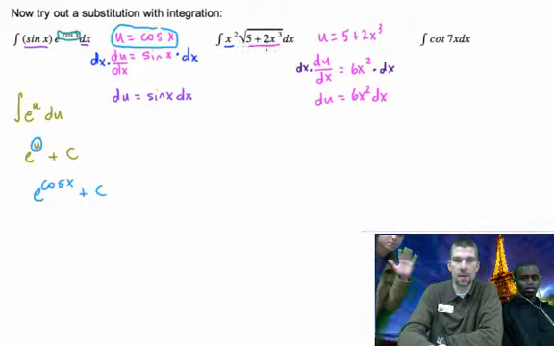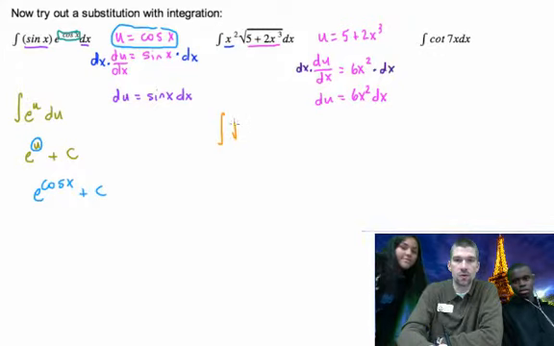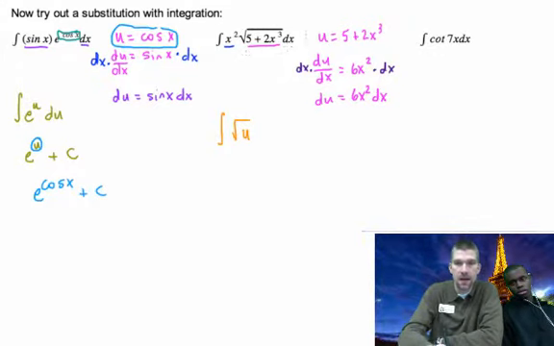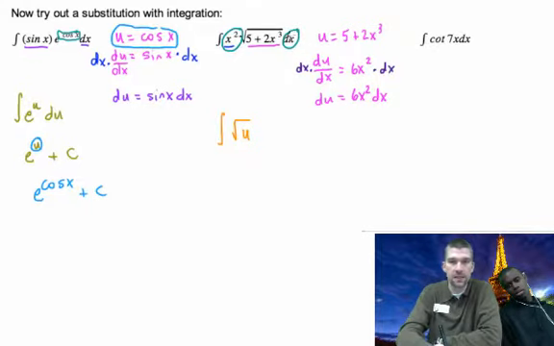I've got a u underneath my radical, so I've got the integral of the square root of u. And then notice that I've got x squared dx, so I need an equality statement for that.